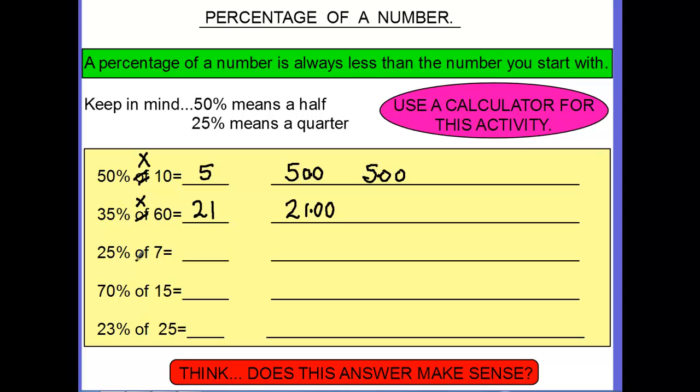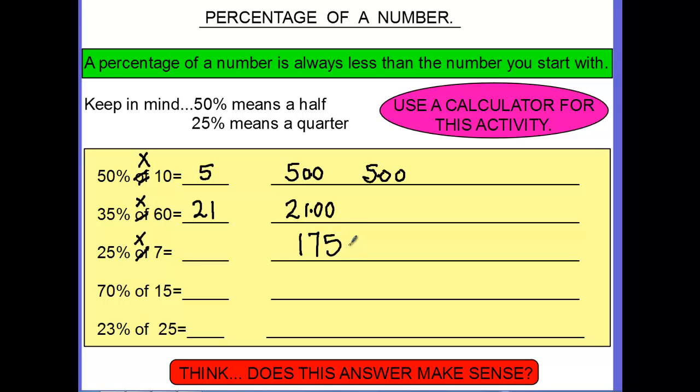So we'll cross that out and say 25% multiplied by 7. And when we just deal with the numbers, we say 25 lots of, or times 7. And that gives you the answer of 175. Okay, so now we use the decimal point to see which number makes sense.